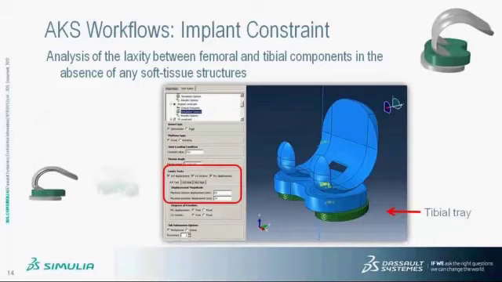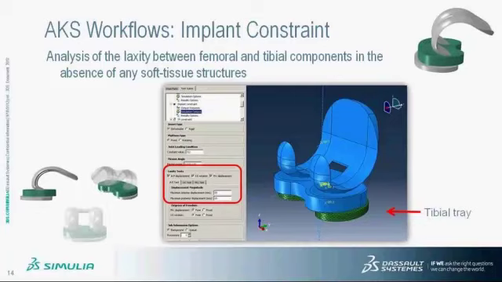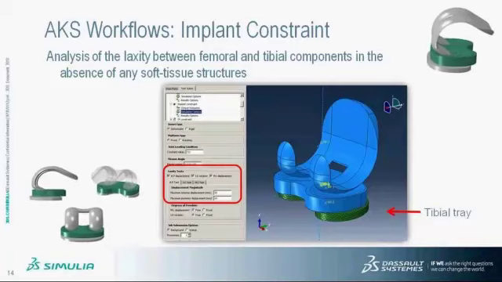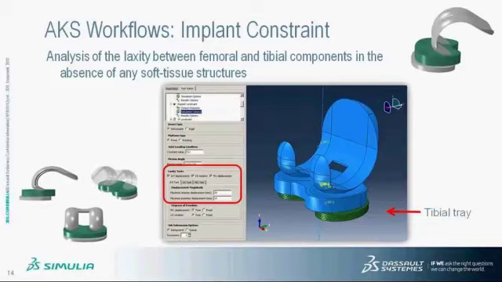A number of laxity tests are provided for this workflow that include the anterior-posterior displacement laxity test, the internal-external rotation test, and the medial-lateral displacement test. For each laxity test, the load is applied as a boundary condition instead of a loading condition.